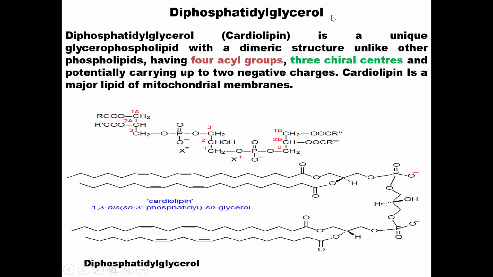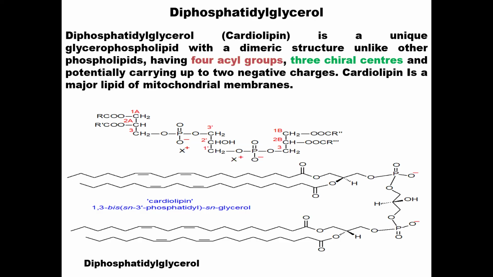So we have another example of glycerol phospholipids, which is called diphosphatidylglycerol. This diphosphatidylglycerol is also called cardiolipin. We discussed phosphatidylglycerol.